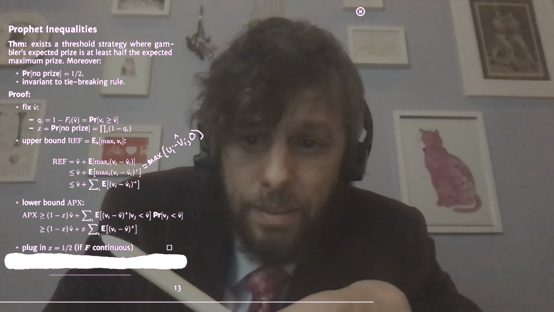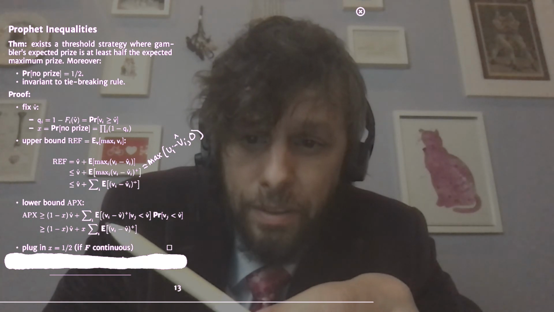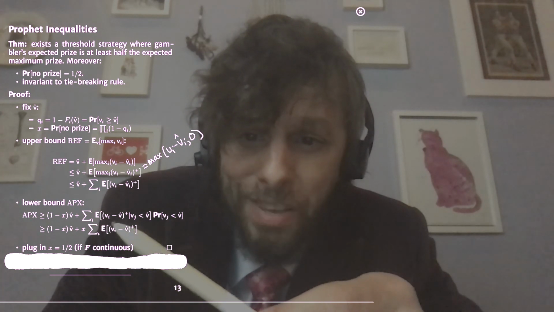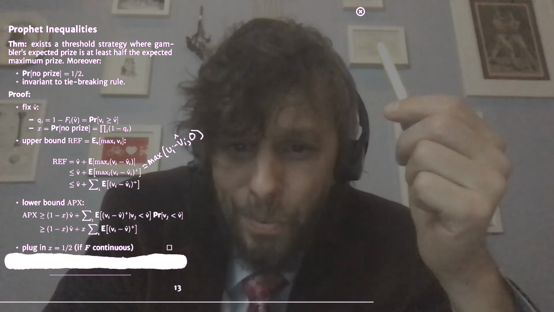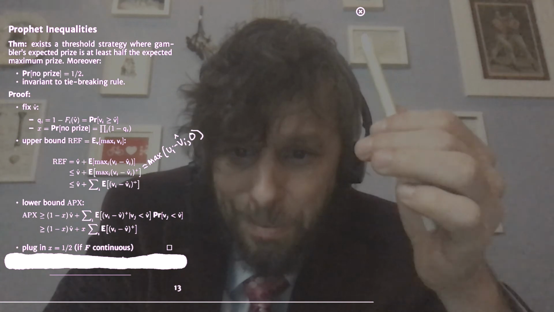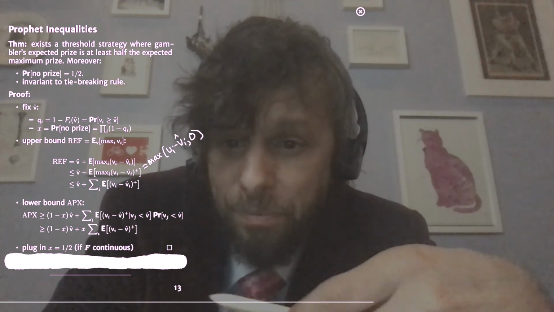So I want to add up the contribution of the prize when it's more than v hat. But this is going to be hard to analyze when there's more than one prize above the threshold. So I'm going to only look at this additional amount I get when there's exactly one prize above the threshold.